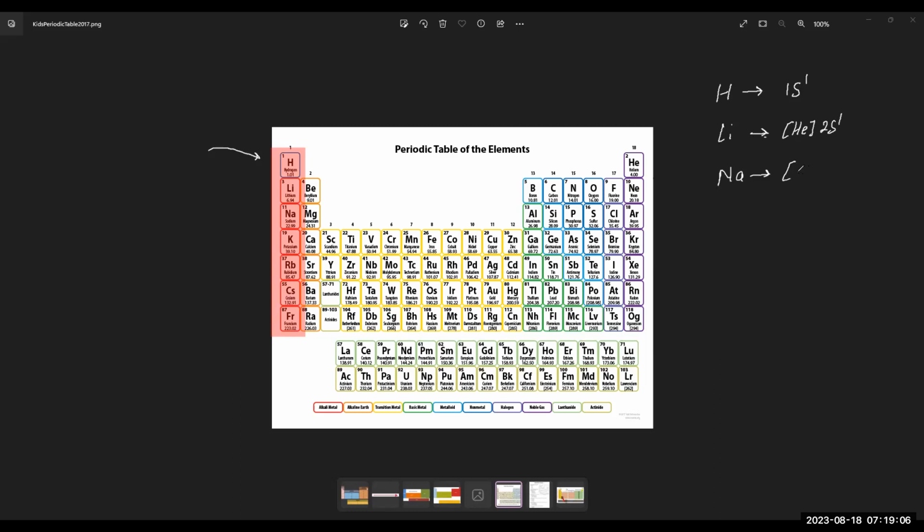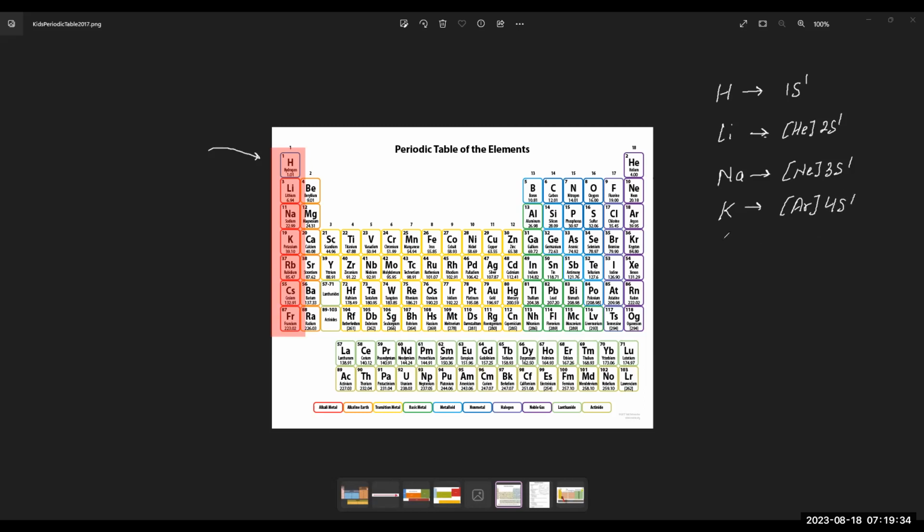Sodium is neon 3s1, right? Noble gas notation. Naisha, don't take the shortcuts. I know everything, but still I'm writing. I'm not just writing the outermost shell. Till the time we are not expert, don't try to use any shortcuts in learning. You can use them later on when you're expert.